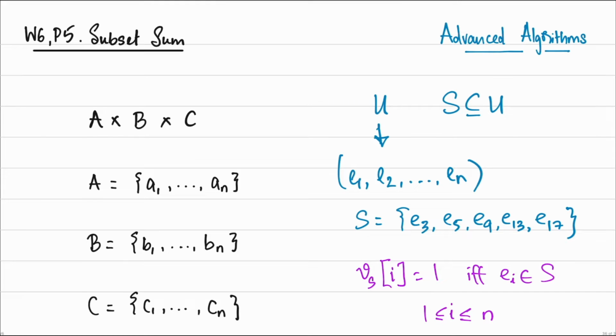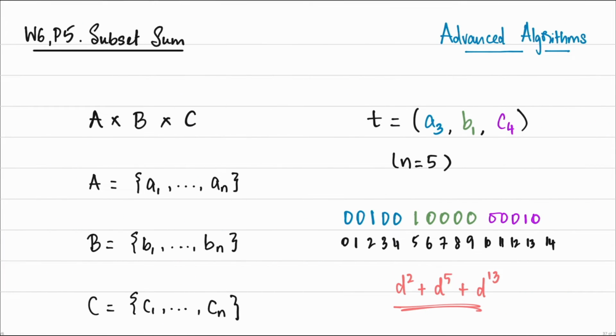All right, so let's move on and take a look at the reduction that I do want to propose. We are actually going to associate with each triplet its characteristic vector. So the dimension of our vectors is going to be 3n because our universe has 3n elements. For instance, if the triple in question is A3, B1, C4, we are going to have the third bit set to 1.